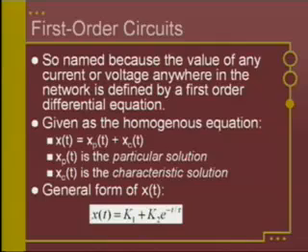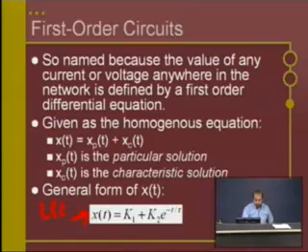this x of t could be I of t. It could be a current. It could be a voltage. It doesn't really matter, just as long as you're consistent in the way that you're solving for these two constants, k1 and k2.